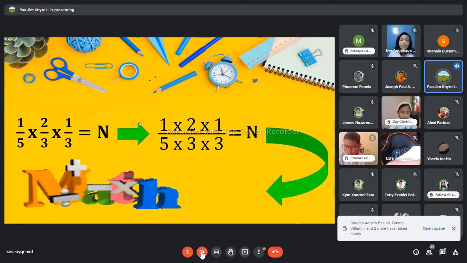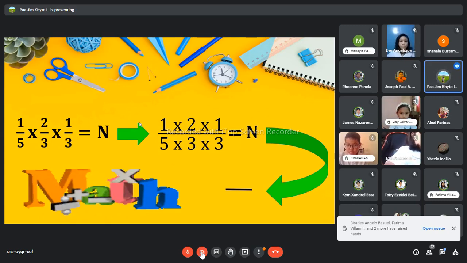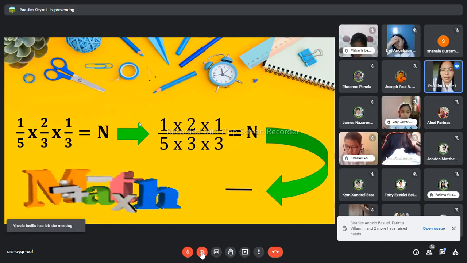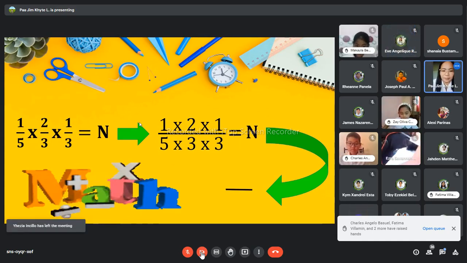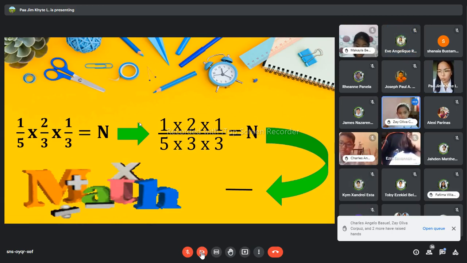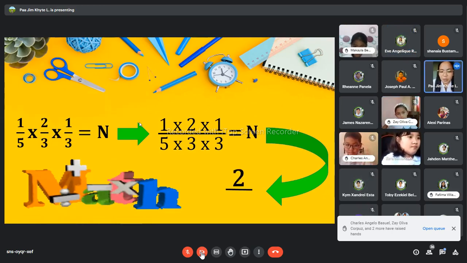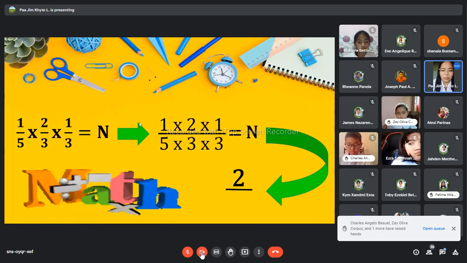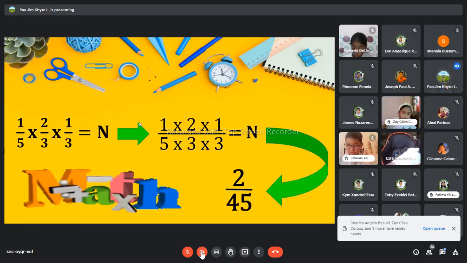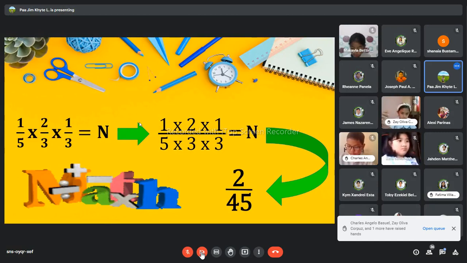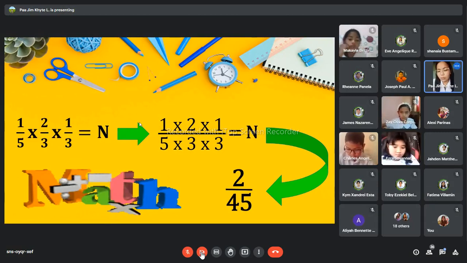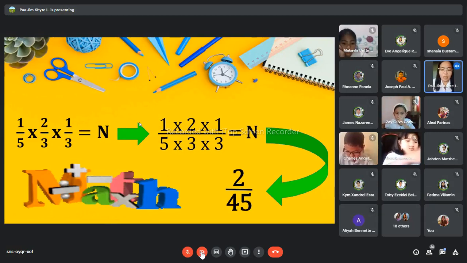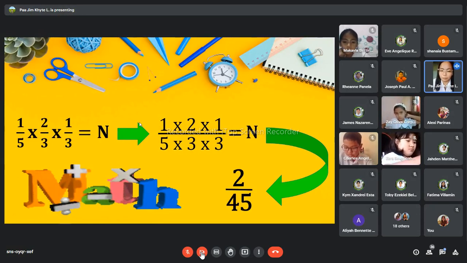So let's solve it. 1 times 2 times 1 is equal to anyone? 2. And 5 times 3 times 3 is equal to Fatima? 45, ma'am. 45. Very good. So 1/5 times 2/3 times 1/3 is equal to 2 over 45, or 2/45.